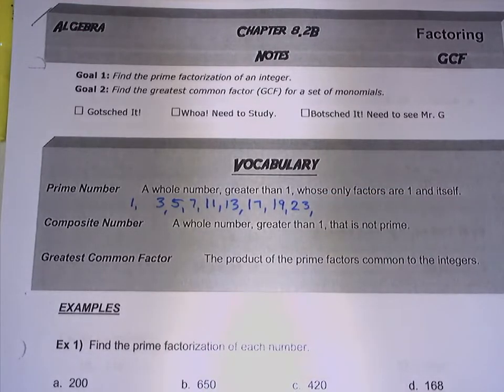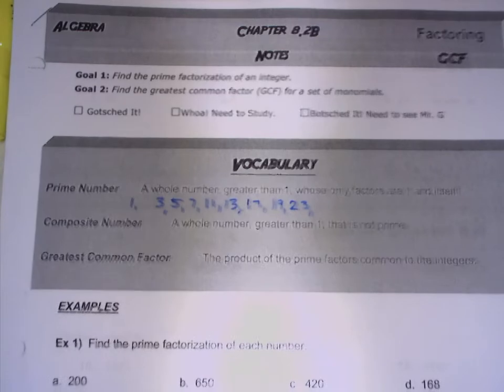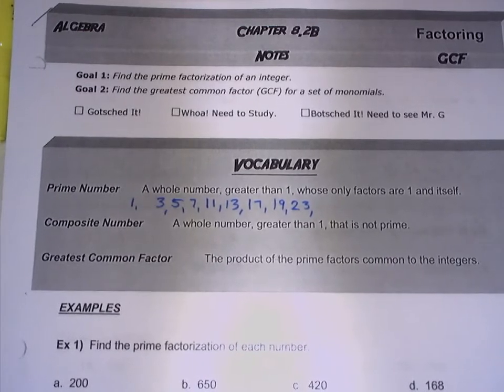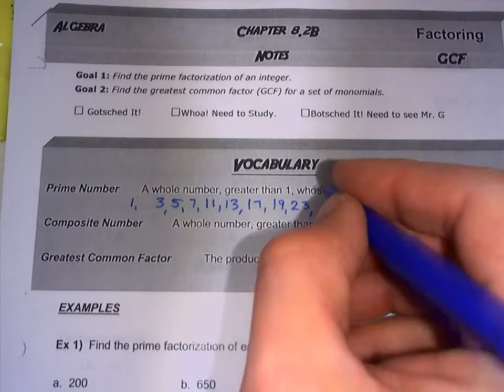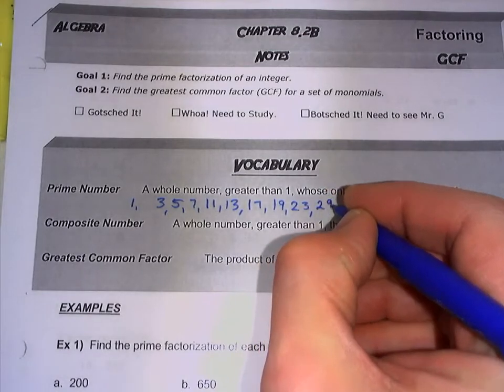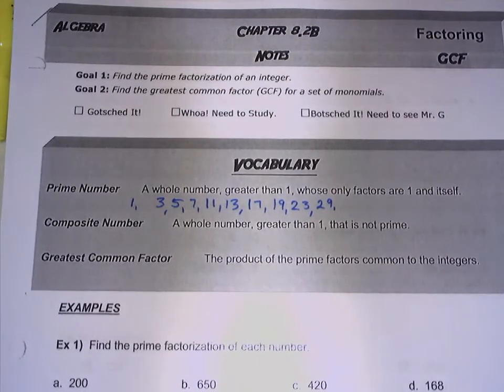26 is even, so is an even number prime? An even number is always divisible by 2, right? 27, what do you divide it by? 3 and 9. 3 and 3.